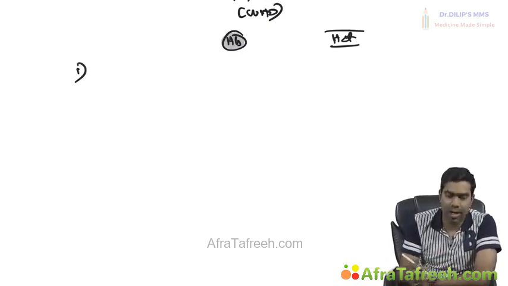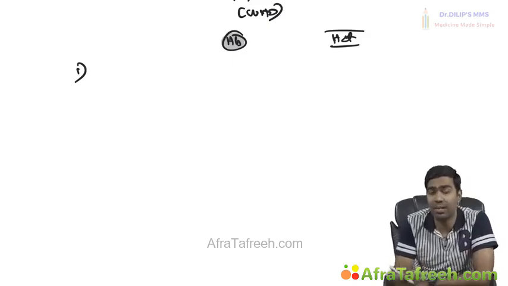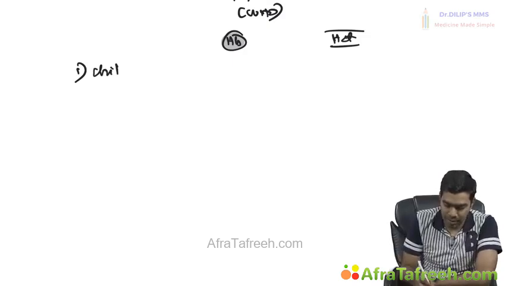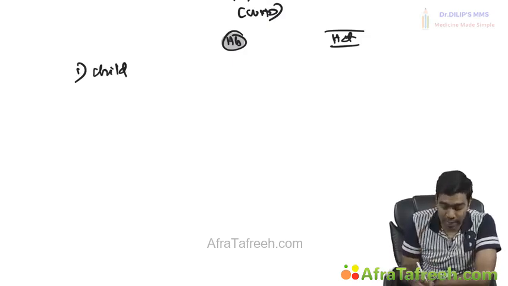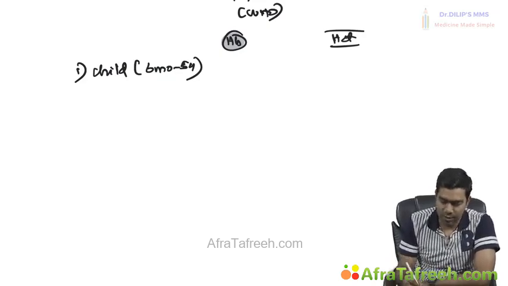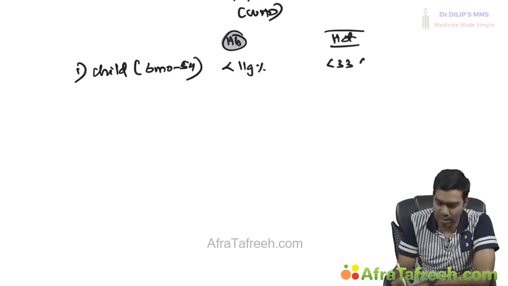Again, your criteria for anemia depends on the age of the patient as well. First, in a child whose age is in the range of 6 months to 5 years, if the hemoglobin is less than 11 grams per deciliter, or if the hematocrit is less than 33%, you're going to call it anemia.